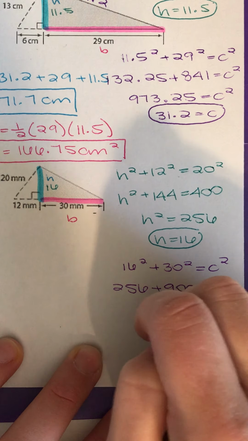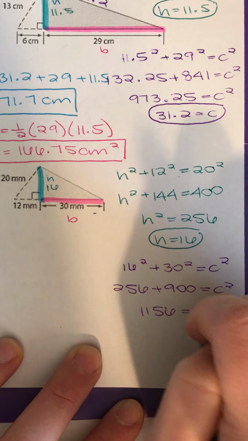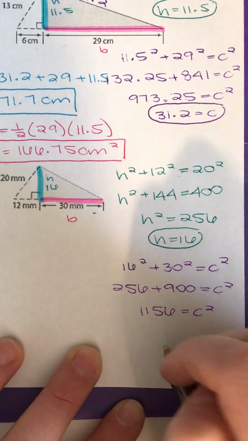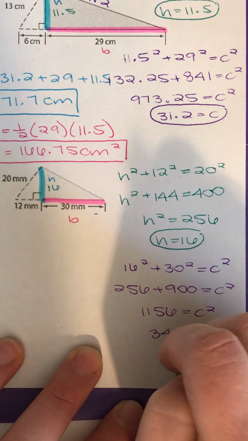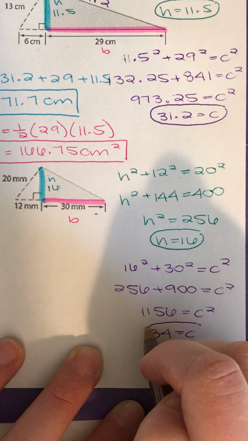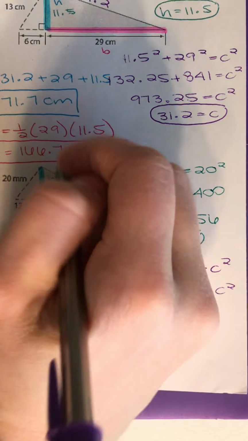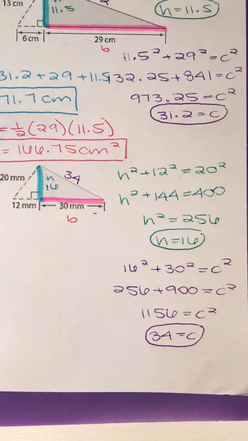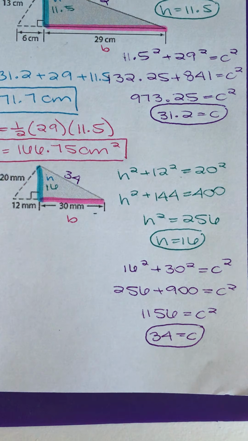You add those up. Take the square root. And we get 34. So after this, it all gets easy.